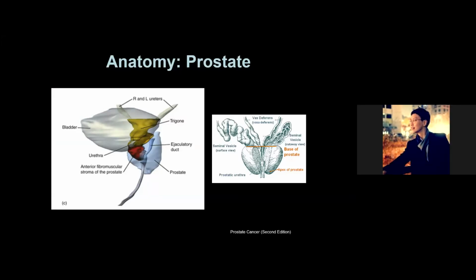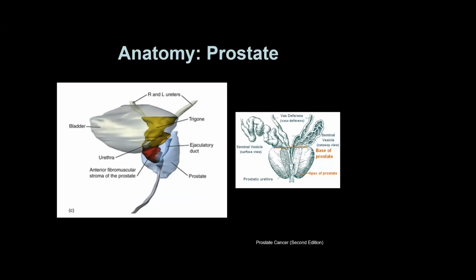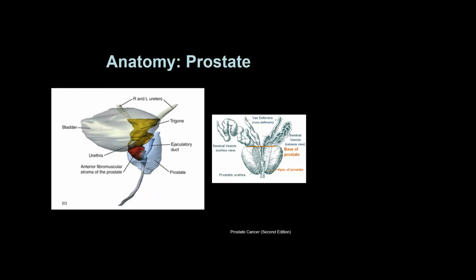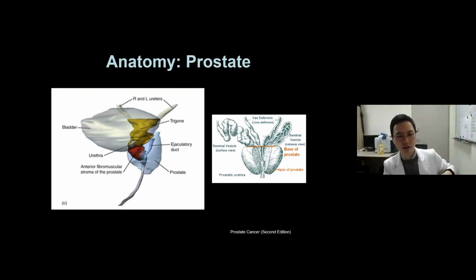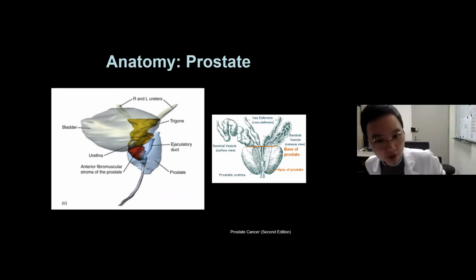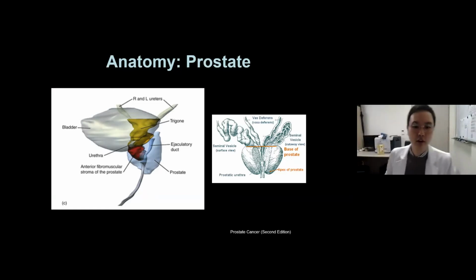Okay, now I will move on to prostate cancer. So the prostate is an accessory gland of the male reproductive system, and it produces the ejaculate.